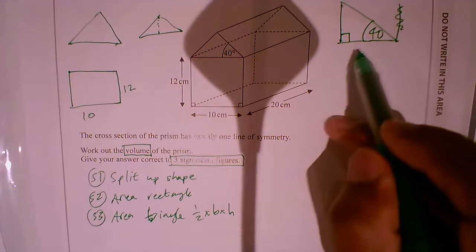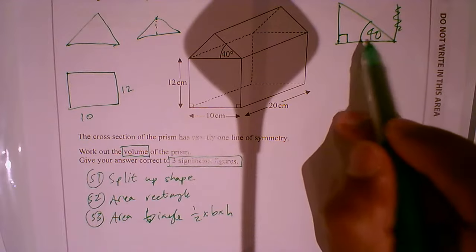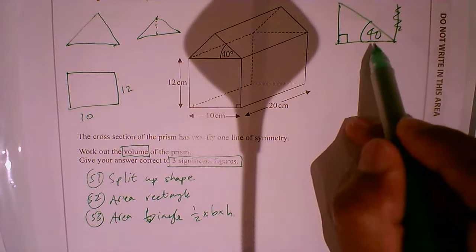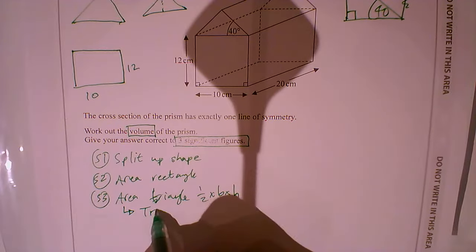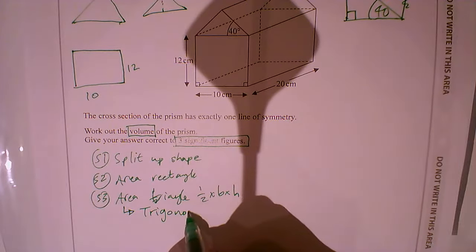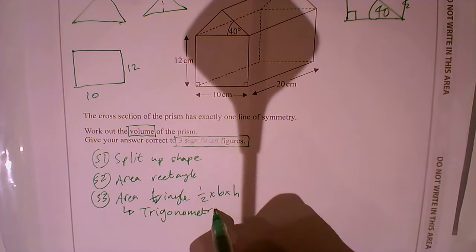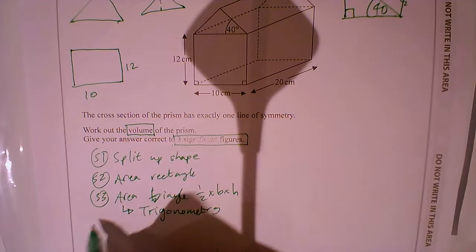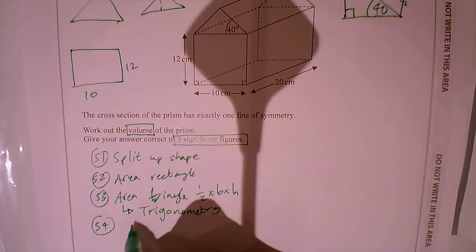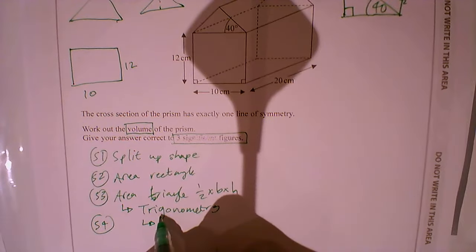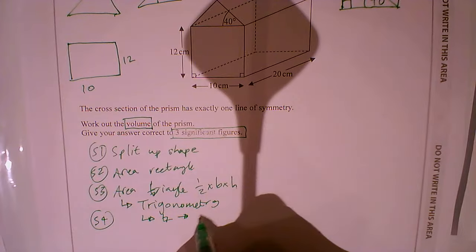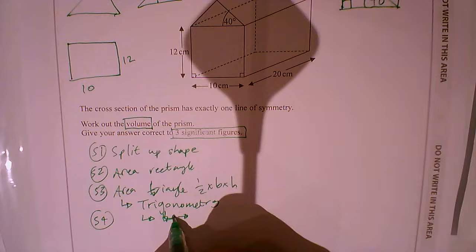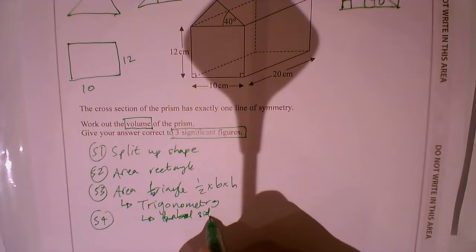So what is this? This is a right angle triangle and it's got an angle. So it's not Pythagoras' theorem, this is trigonometry. So this is step 4, which is trigonometry. How do I find trigonometry? I need to label the sides.